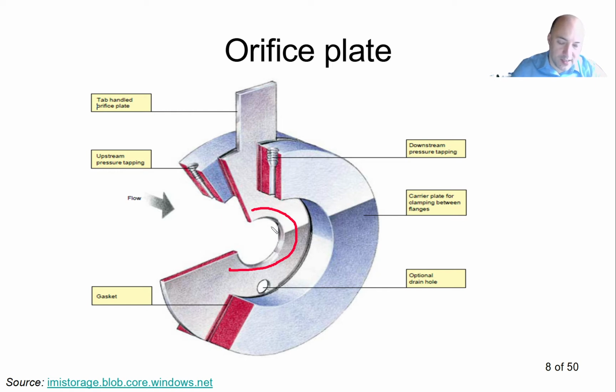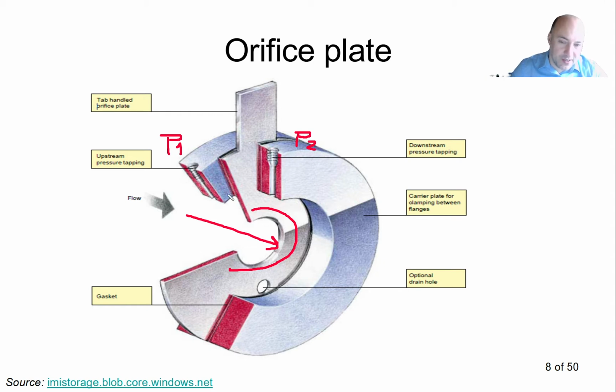We'll see that in a minute. And here this is the hole where we tap the pressure. Here we have the upstream, so the flow is going like this, and downstream is behind the orifice plate. So here we'll have a larger pressure. In my calculation this was P1 and this was P2.